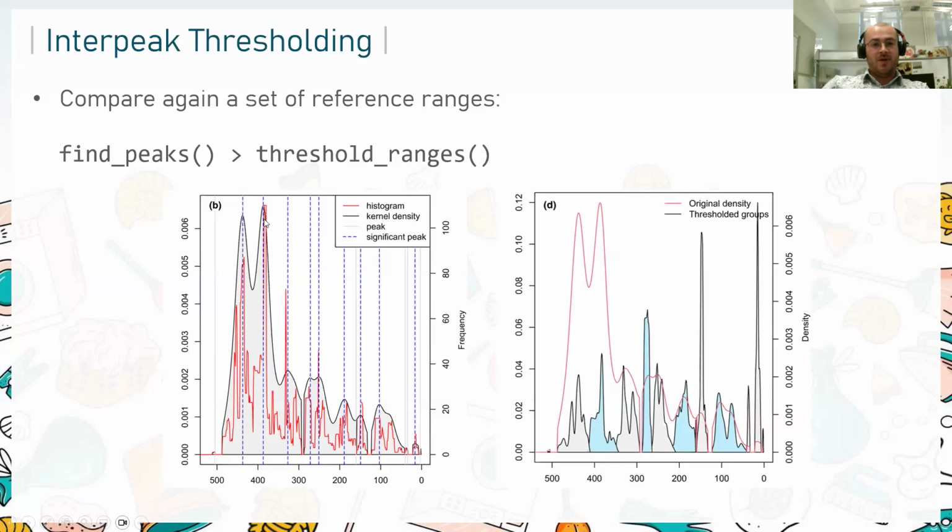And each time it finds a peak, it will then search for the distance to the next available peak. If that interpeak distance, as I'm calling it, interpeak threshold, falls below a certain threshold, it will treat those peaks as effectively the same taxon, but potentially split by incomplete sampling.